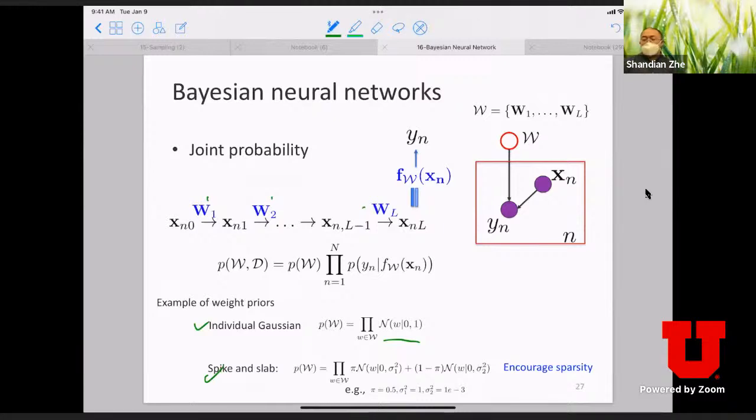Those priors encourage the weight values to be centered around 0. And then during the posterior inference, we still want to estimate the distribution of those weights given data. If you have a sparse prior, we expect that in the posterior distribution many weights are concentrated at 0. So you can prune the network. That's also a hot topic in neural network research, how to compress the network.